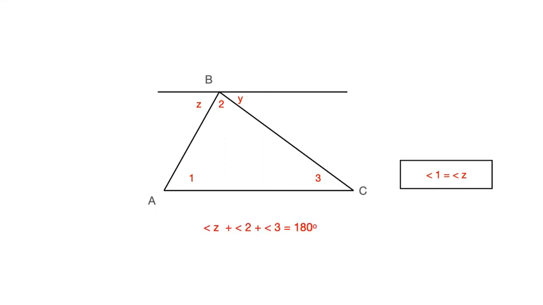And using the parallel postulate once again, we can say that angle Z plus angle 2 plus angle 3 equals 180 degrees. But we've already shown that angle Z equals angle 1. So, using substitution, we can now say with absolute certainty that angle 1 plus angle 2 plus angle 3 equals 180 degrees, and our proof is complete.